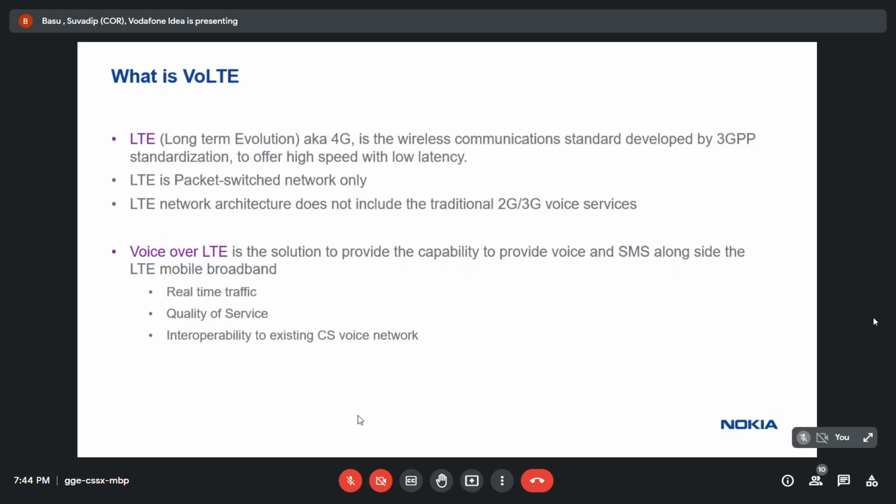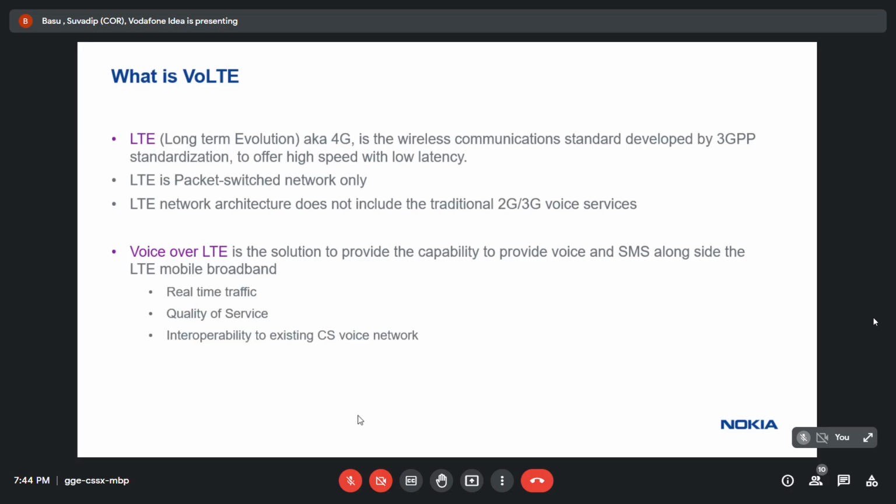Number two, another parameter which comes into VoLTE is the quality of service. Now, QoS is something which was not there in 2G, 3G, because as you know, in 2G and 3G it was a TDM link. It used to happen through TDM and pulse code modulation techniques.